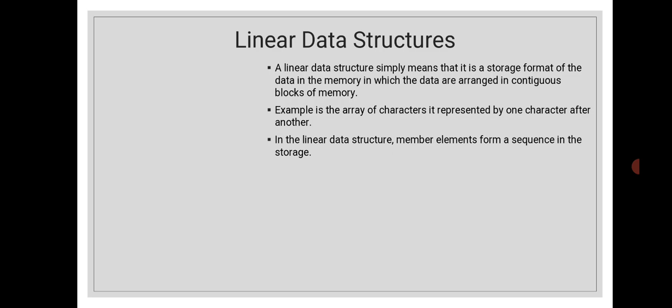There are two ways to represent a linear data structure in memory. One is static memory allocation and another is dynamic memory allocation, if you remember. So the possible operations on the linear data structures are traversing, insertion, deletion, searching, sorting, and merging, which is common.